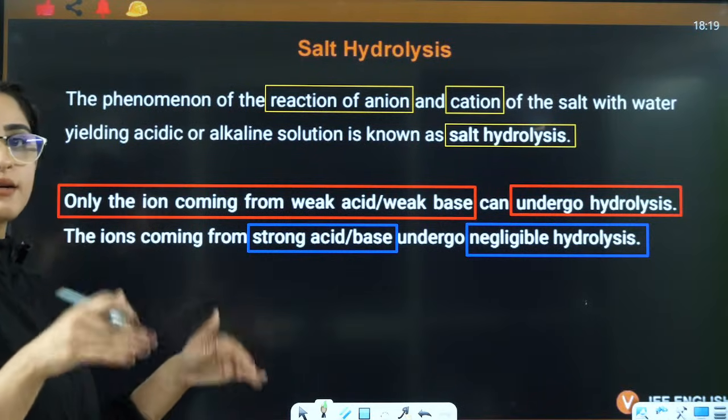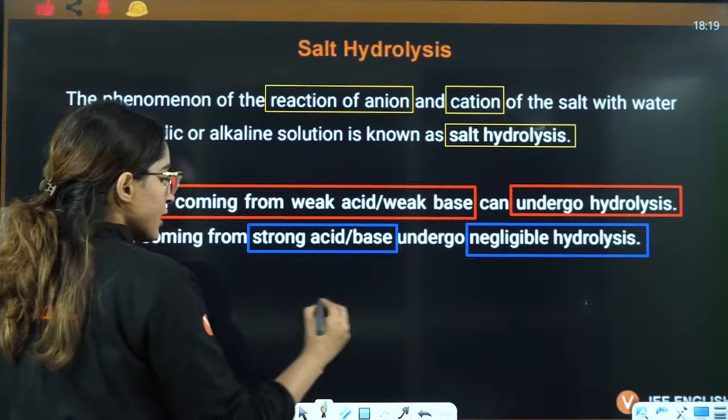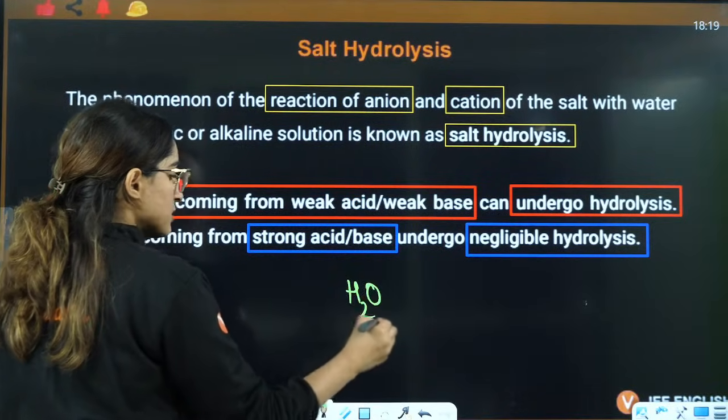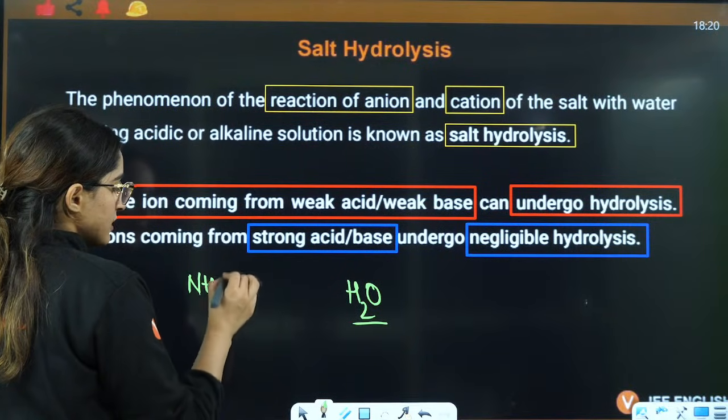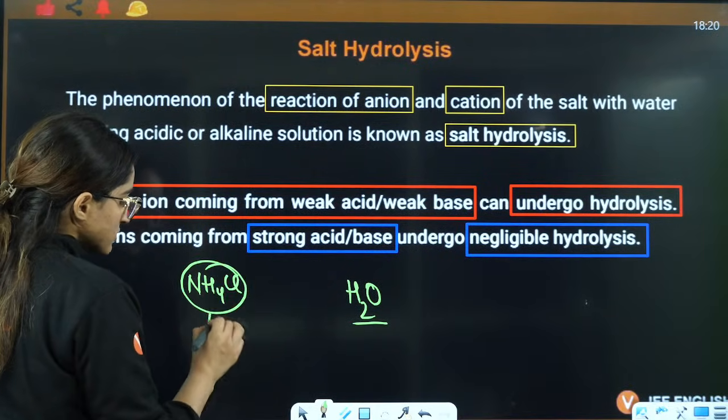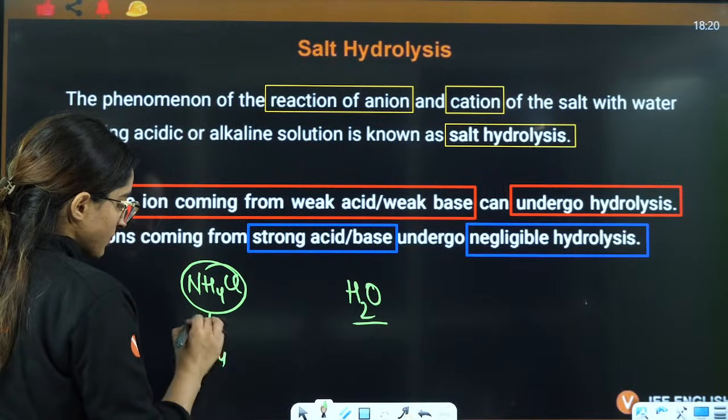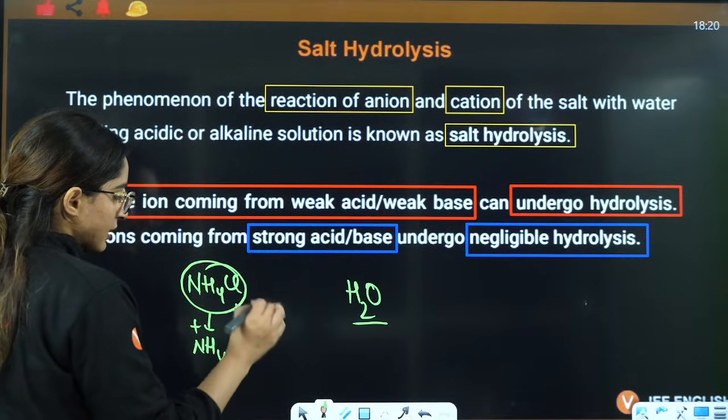When something undergoes hydrolysis, let's say you have H2O and NH4Cl. This comes from NH4 positive and Cl negative.